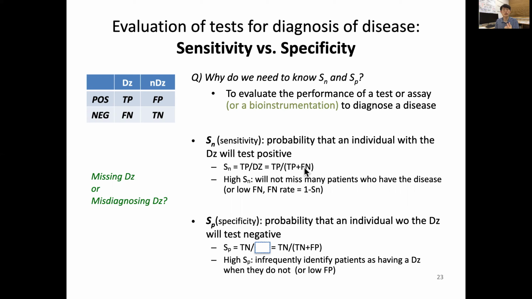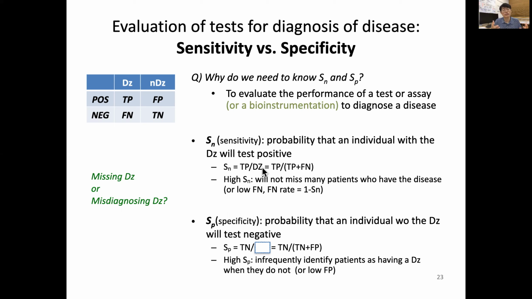False negative means those who have the disease, but the test result turns out to be negative. So what does high sensitivity mean? If you truly have the disease, this device is likely to give you a positive result, so a high sensitivity device will not miss many patients who actually have the disease. That means a low false negative rate. If you take 1 minus sensitivity, that gives the false negative out of those with disease.